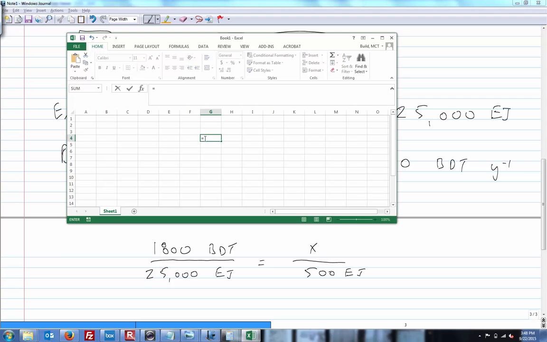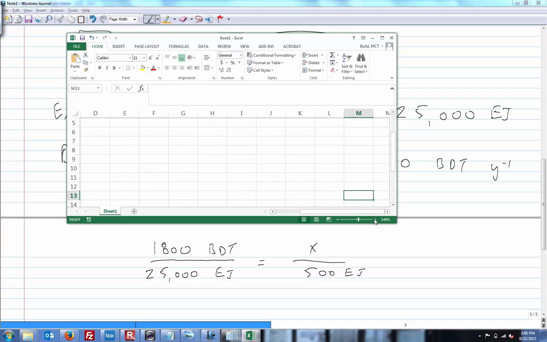So equals 1,800. Make this a little bit bigger so you can see it. So I'm just going to do 1,800 times 500 divided by 25,000.